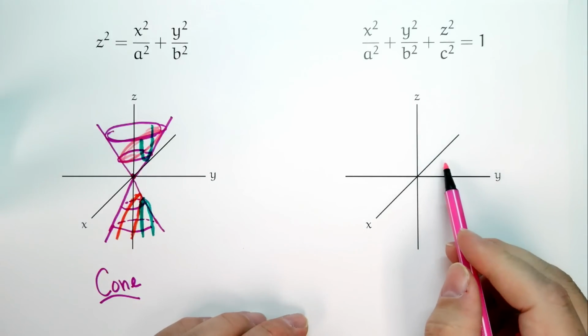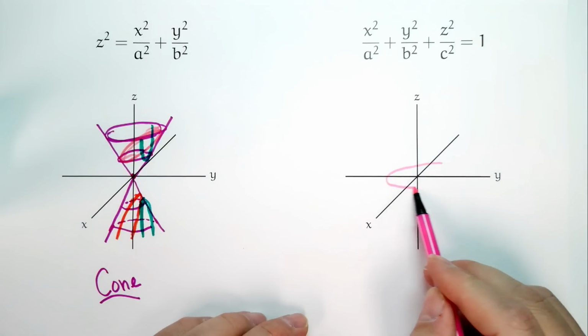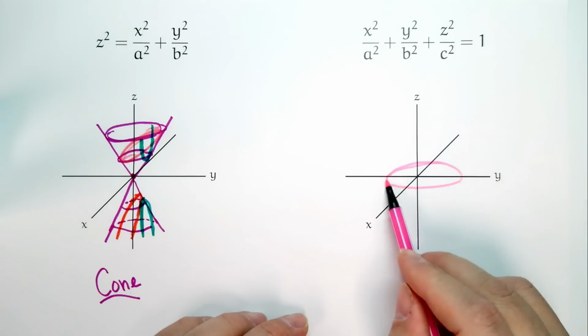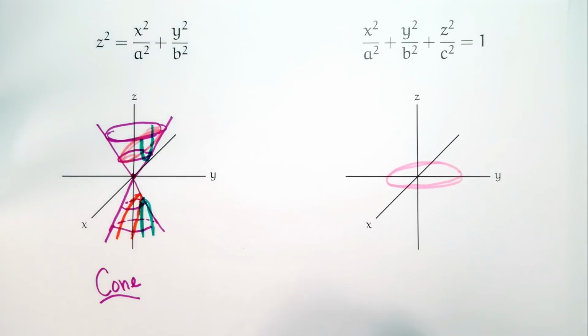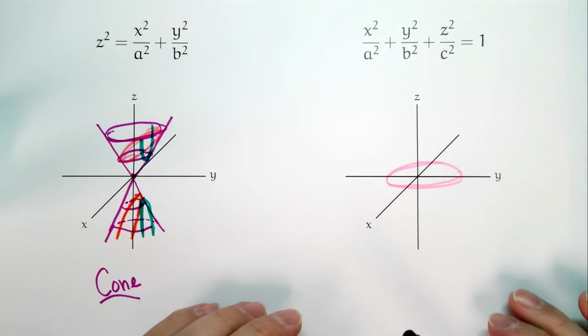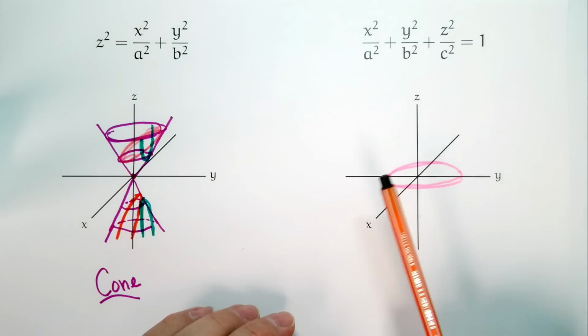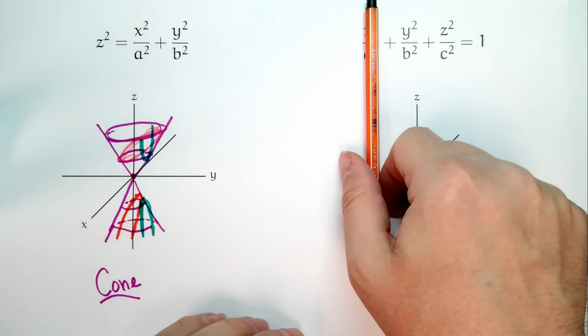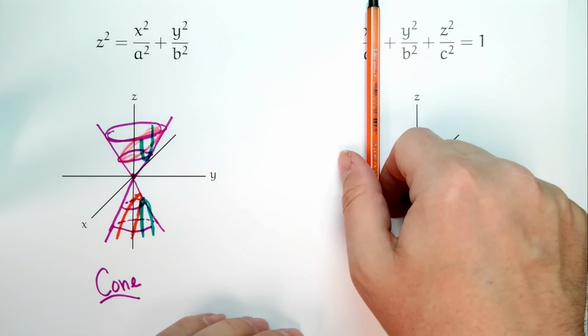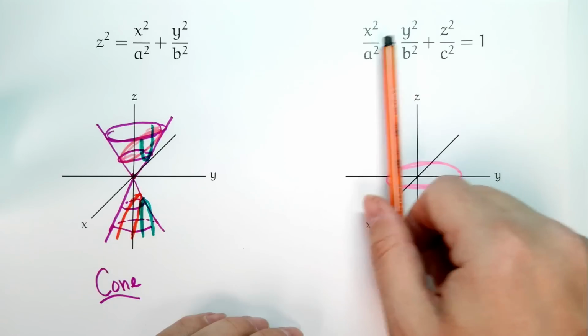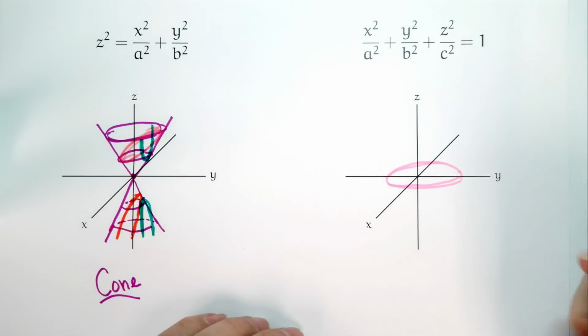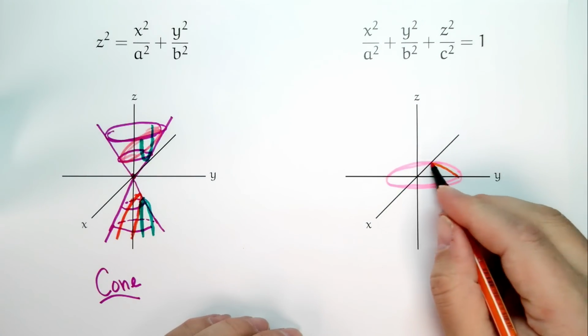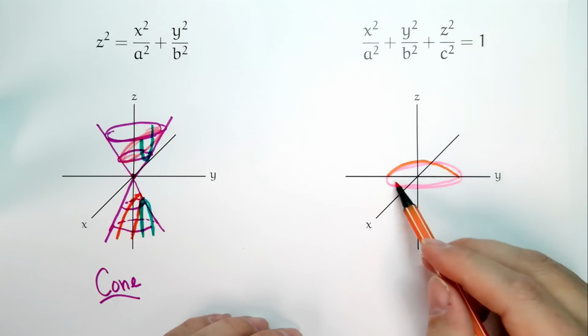Maybe this ellipse. Okay, so that's what I see in the xy plane. Now, what if I want to be in the yz plane? Set x equals 0. If I'm in the yz plane, again, it turns out I see an ellipse. So I'm going to see a different ellipse in the yz plane.